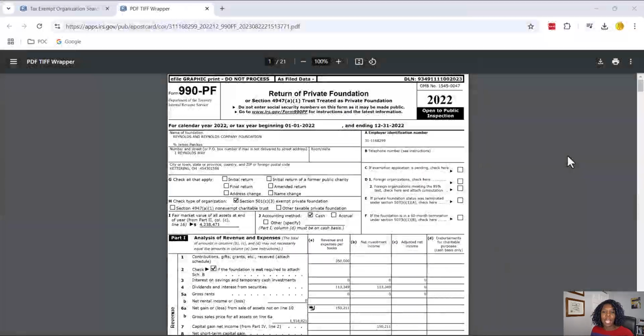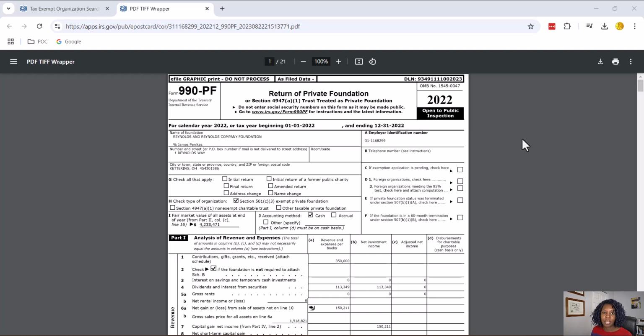Okay, so I have a 990 form pulled up here. And you can see it's called 990 PF. I just pulled a foundation in my area, Reynolds and Reynolds, and it's in Kettering, Ohio.